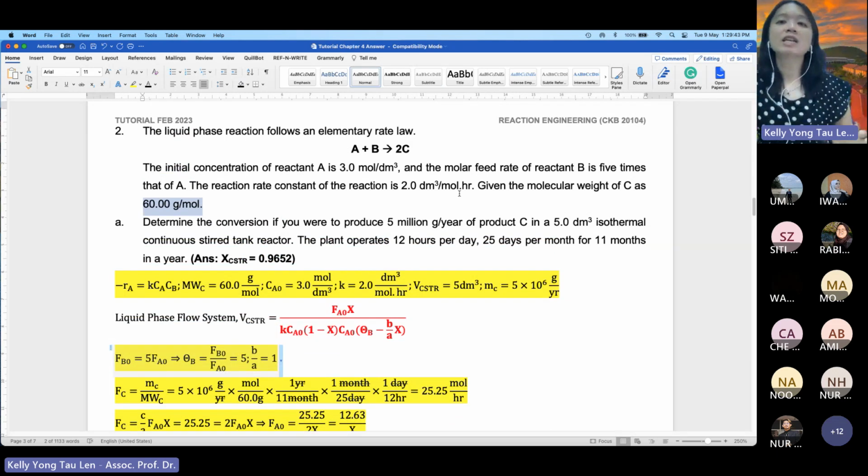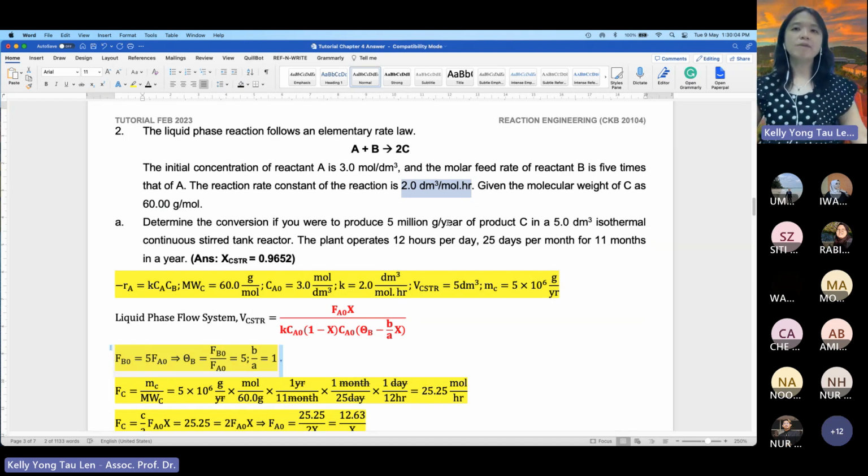So, to answer this question, I will just look at information yang lain dalam soalan saya. Okay, ada tak information lain yang melibatkan unit masa? So, you can see from the question, there's only one information yang melibatkan unit masa, which is our value K. Sebab value K dia beri 2 dm cube per mole hour. Maksudnya, saya kena tukarlah unit time saya kepada hour.